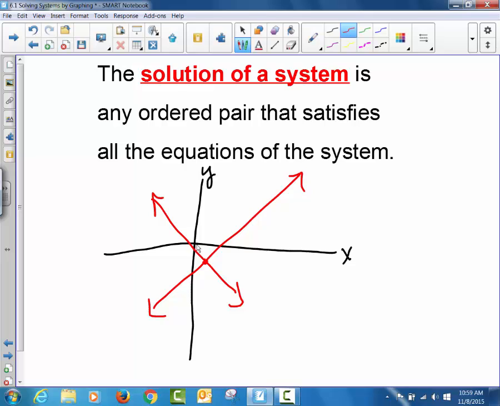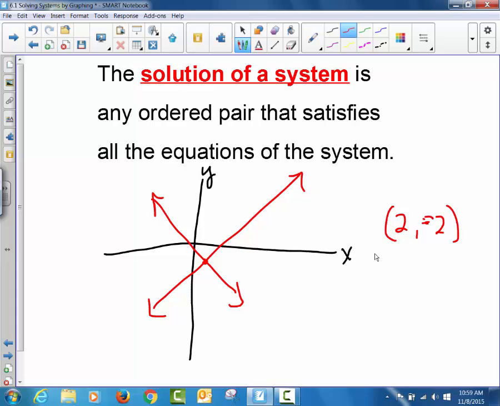And let's say that that is 1, 2, and 2 down. So that would be 2 to the right and 2 down. So that would be 2, negative 2 would be our solution to our system of equations.